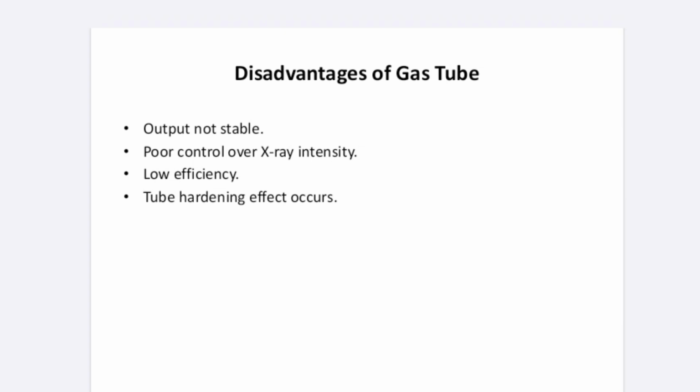The ionization potential of the gas depends upon the degree of evacuation of the tube. A tube with much residual gas produces X-rays at lower voltages. But if the voltage increases beyond the ionization potential, the tube current increases enormously and melts the target.